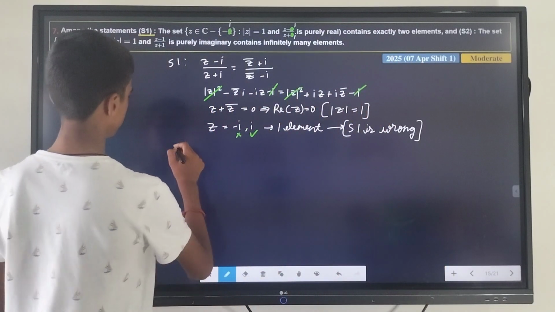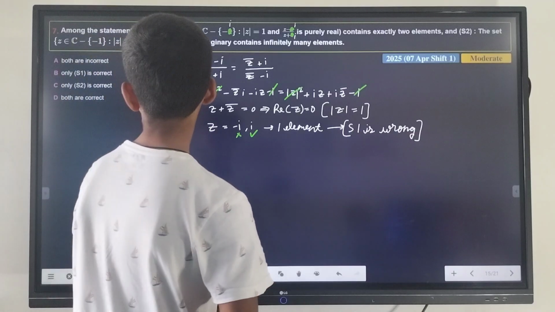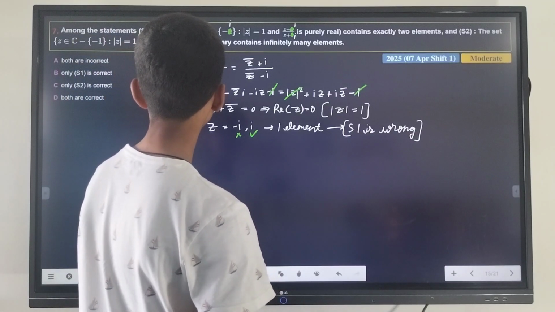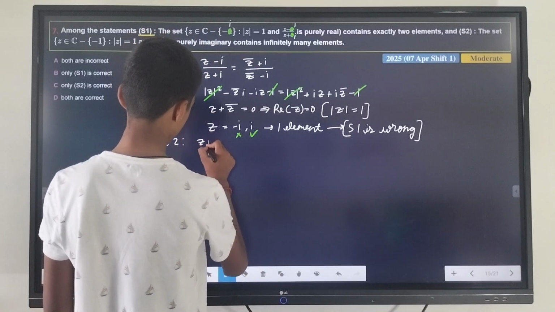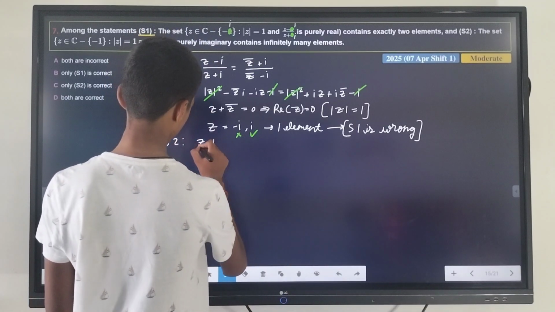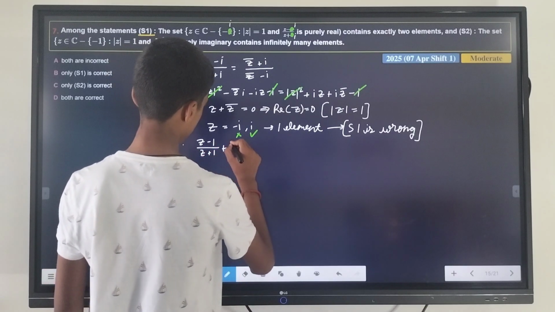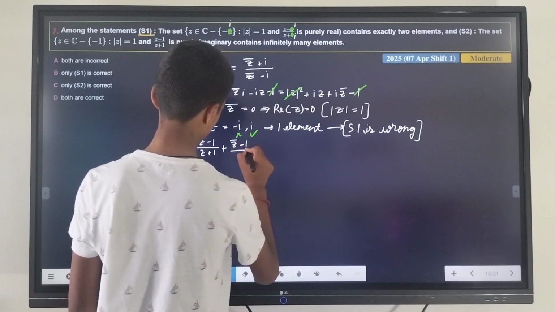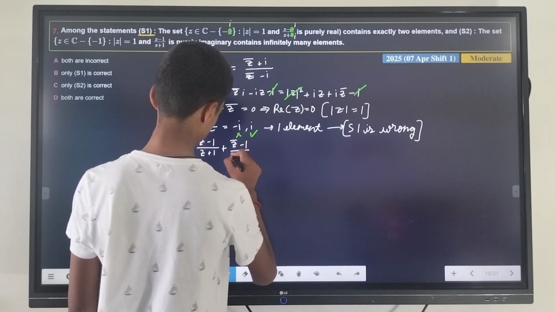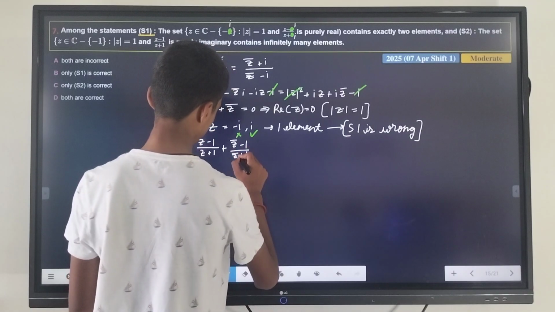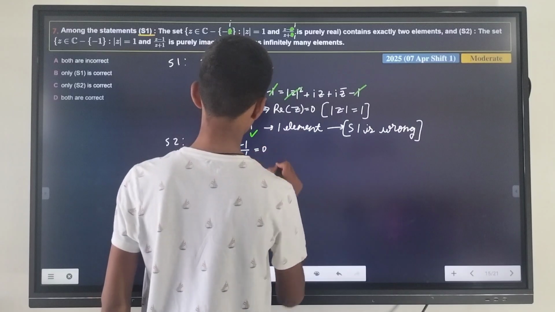Now statement 2. Statement 2, z minus 1 upon z plus 1 is purely imaginary. So z minus 1 upon z plus 1 plus z bar minus 1 upon z bar plus 1 is equal to 0.